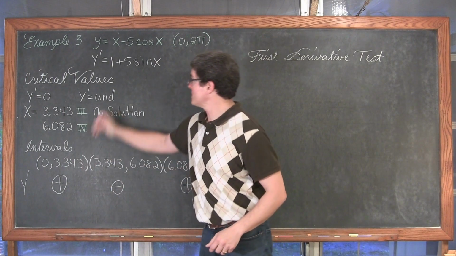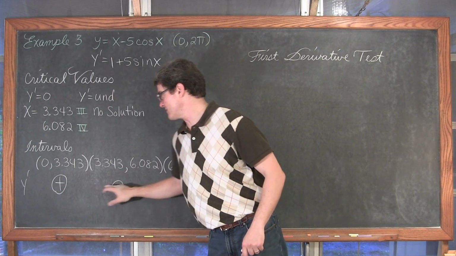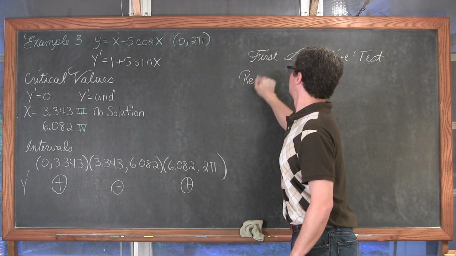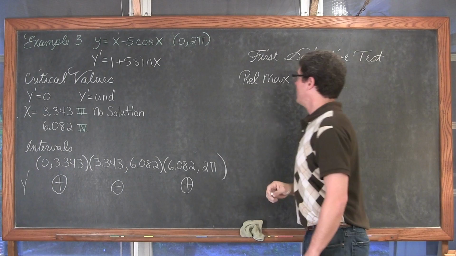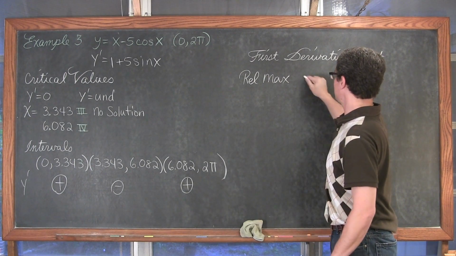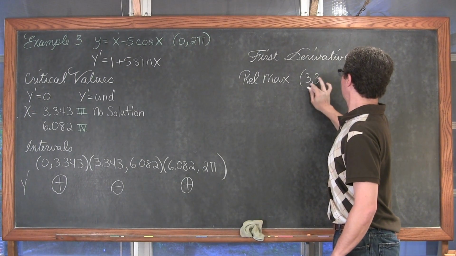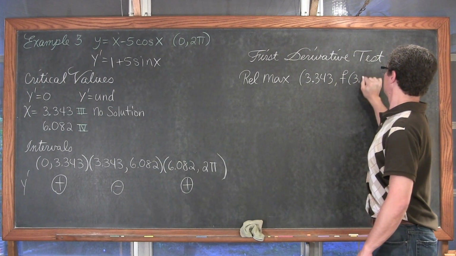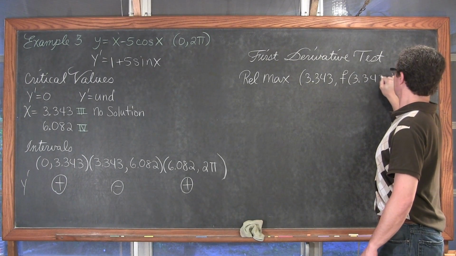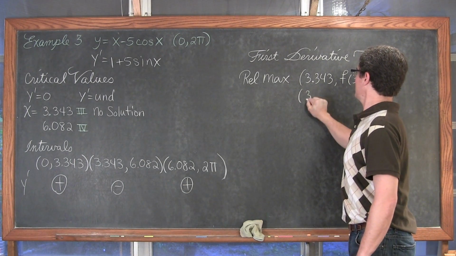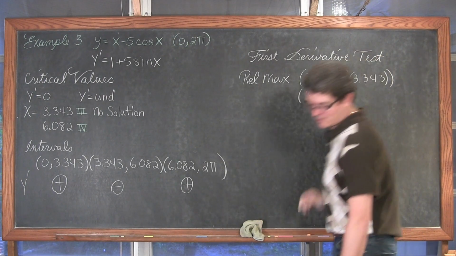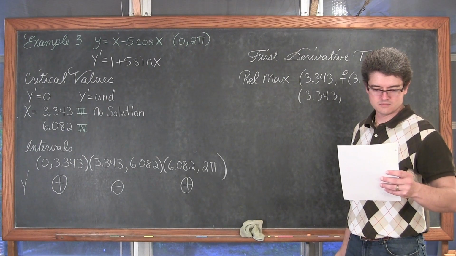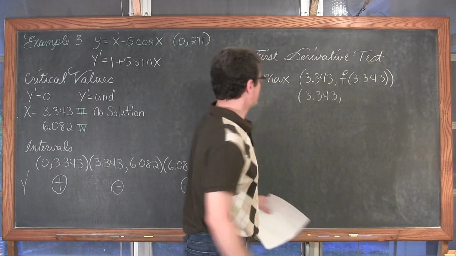So when this first derivative switches between positive and negative, that means I'm going to have a relative maximum at, well, let's see, I'll take the value of 3.343 and plug that into my original function and get 3.343, 8.24.